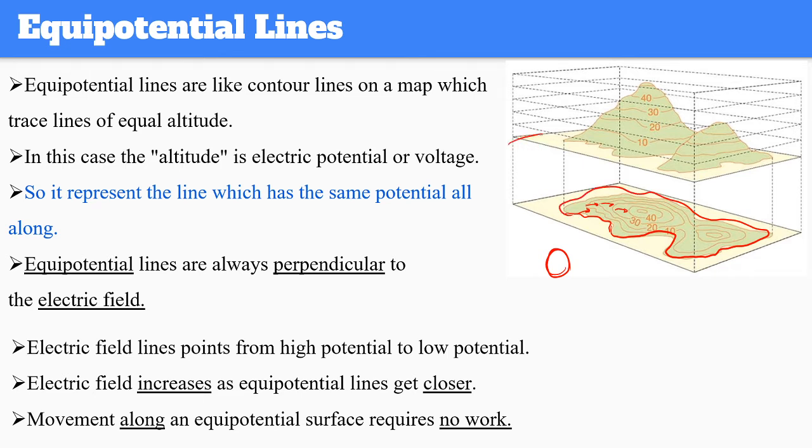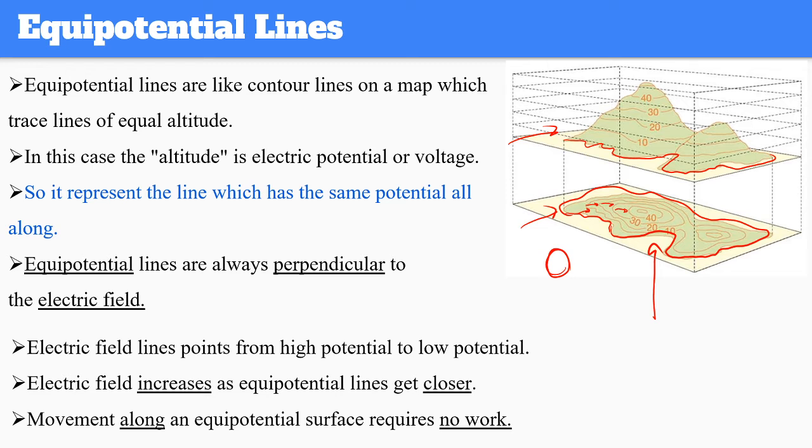If you look at the map, this is basically the outline of the mountain, which also tells us the view of the mountain from the top. So the first loop, let's say, is going to have the same altitude.